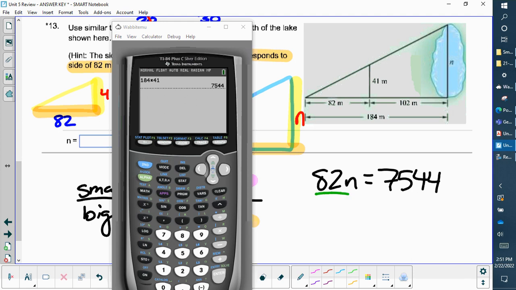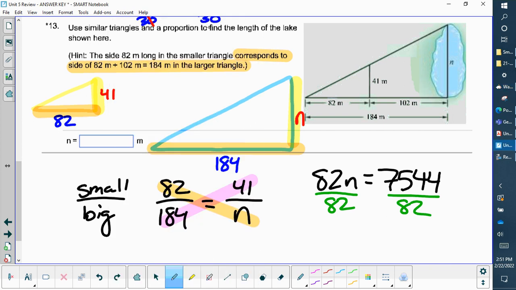Now it's a one-step algebra problem. Divide by 82, and I get 92. N equals 92.